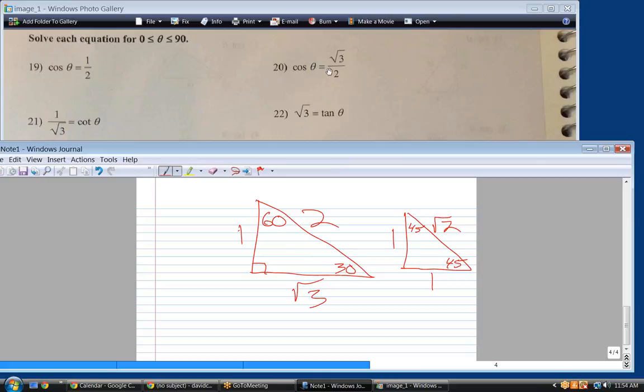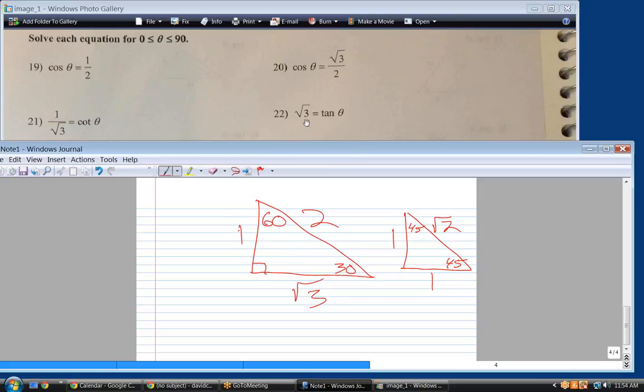So what's this one? What angle has a cosine of square root of 3 over 2? 30. What angle has a cotangent of 1 over square root of 3? Is it 60? Yeah, because the tangent of 60 would be square root of 3 over 1, so the cotangent is the reciprocal of that.